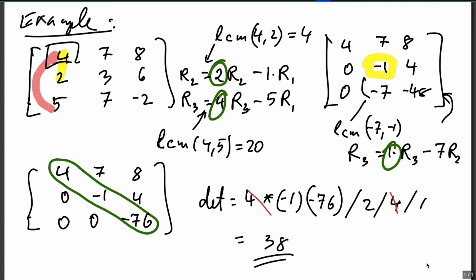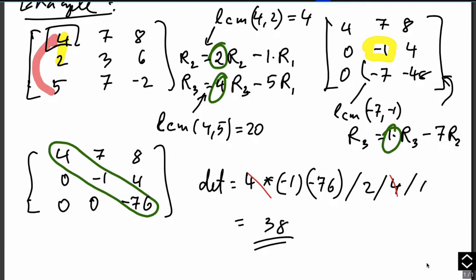This is the determinant. So the main steps are to do a Gauss elimination, the forward one, going downward to make zeros under the diagonal entries, step by step, using least common multiples.